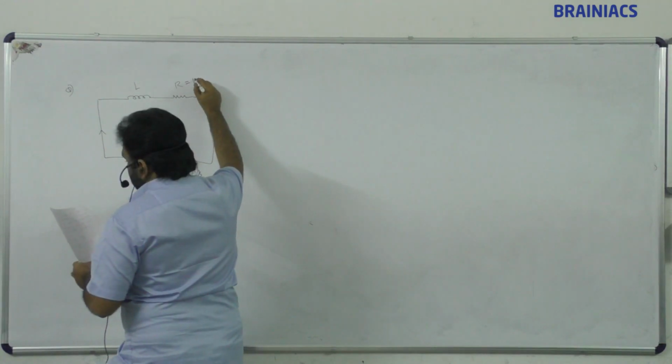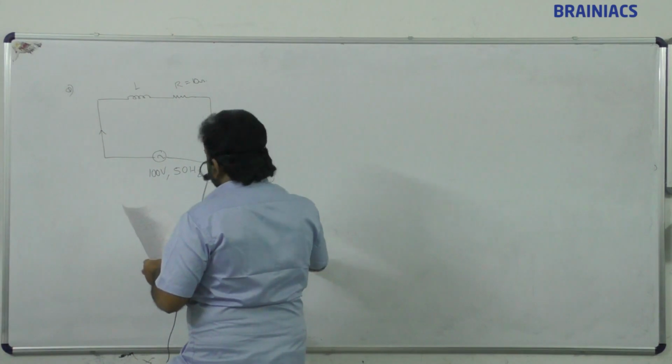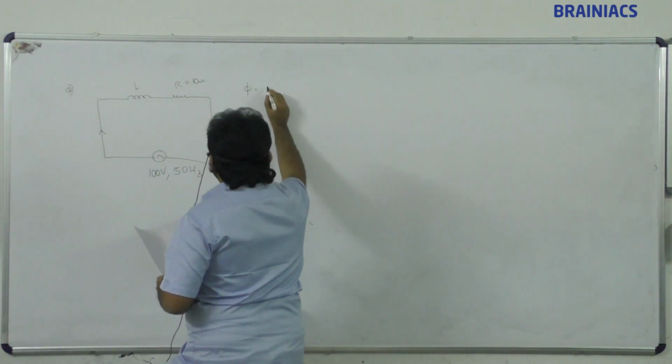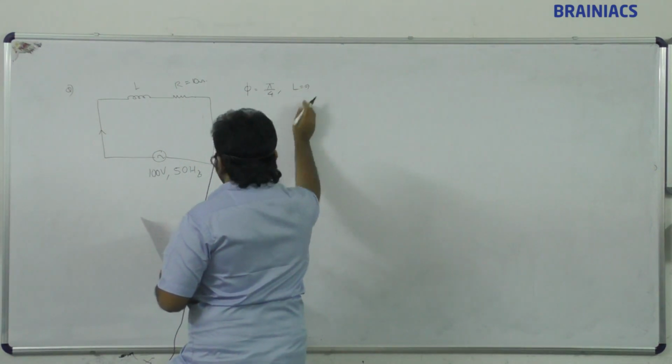Resistance is given as 10 ohm, and the phase angle between current and voltage is π/4. What is the value of L?